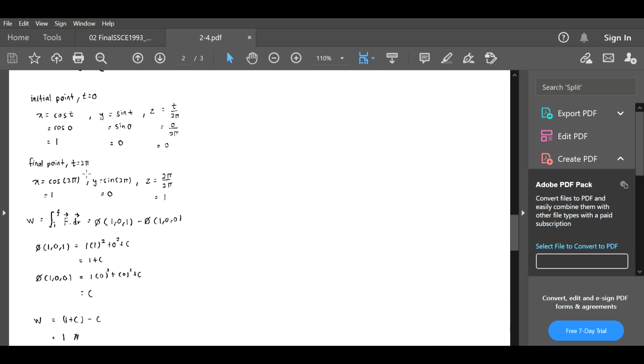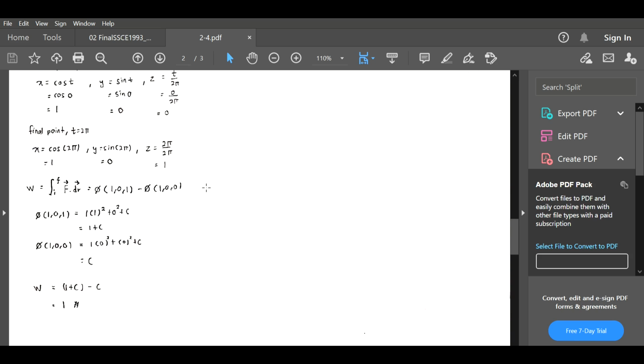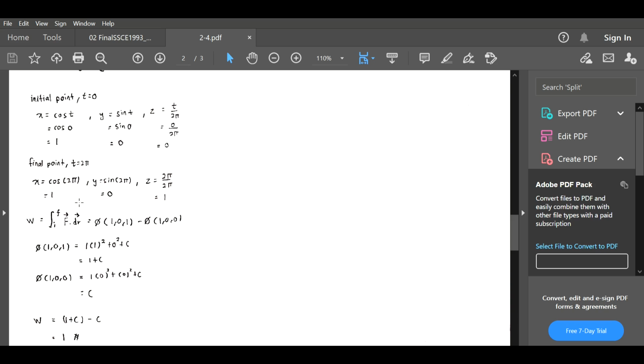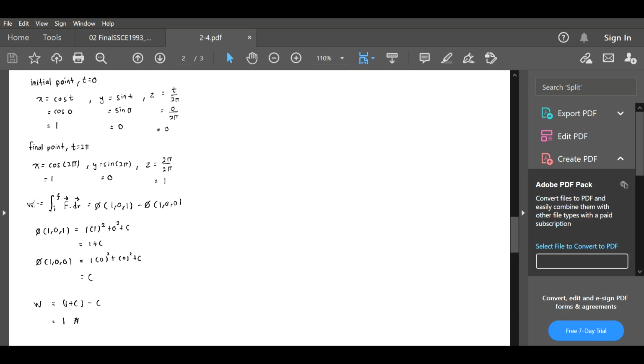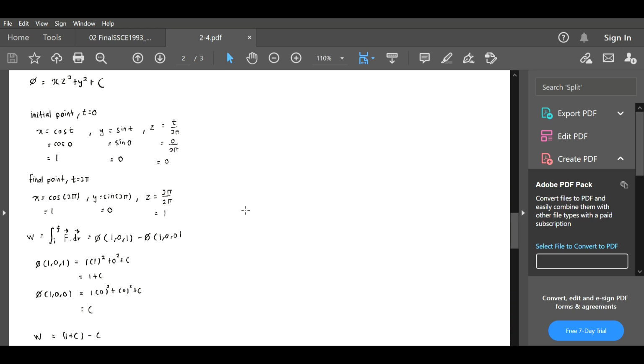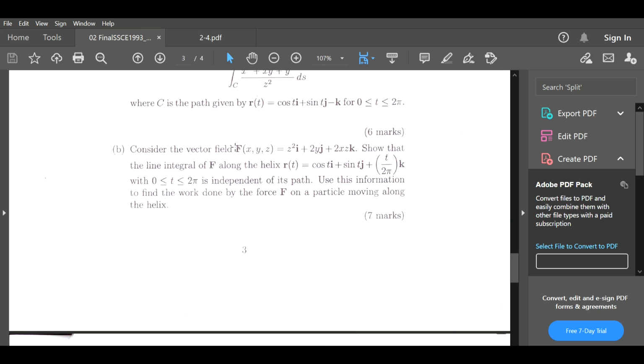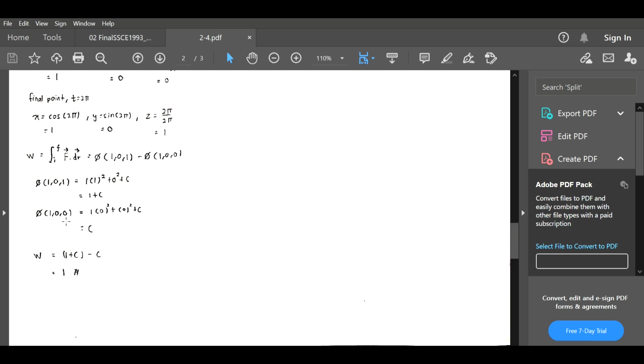For the final point, we use t equals 2 pi, and then we get (1, 0, 1). And then we substitute all of this into W, the work done. We need to find the work done, right? Yes, we need to find the work done.